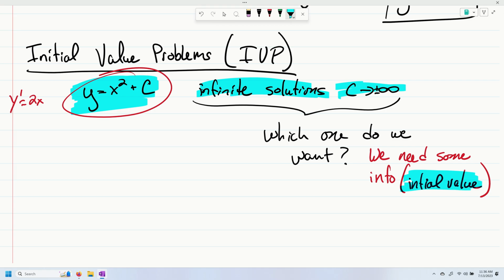Okay? So the first thing that we're going to do here is verify that we have basically an initial value problem.